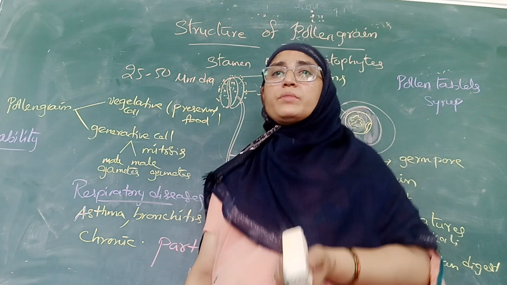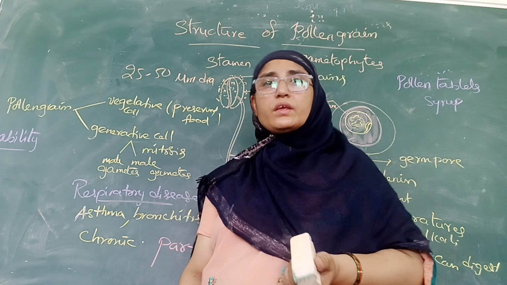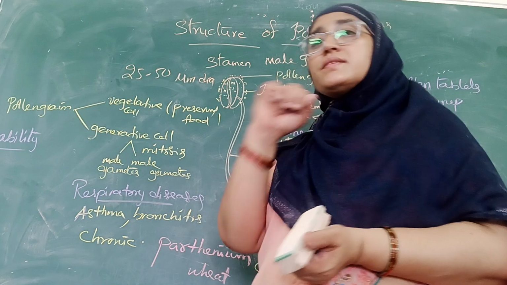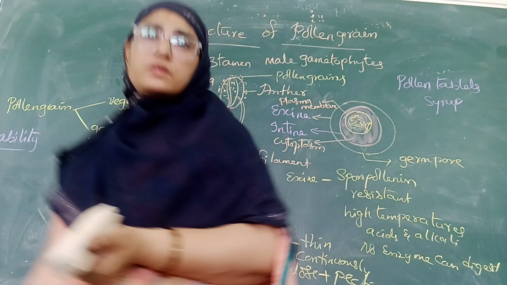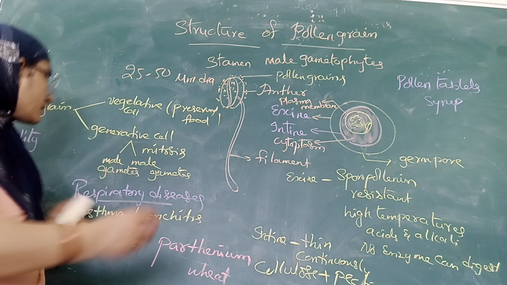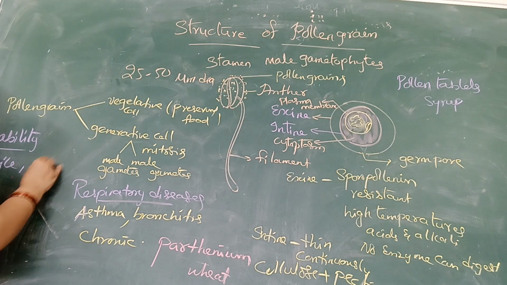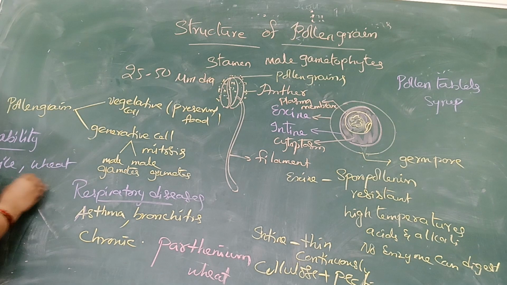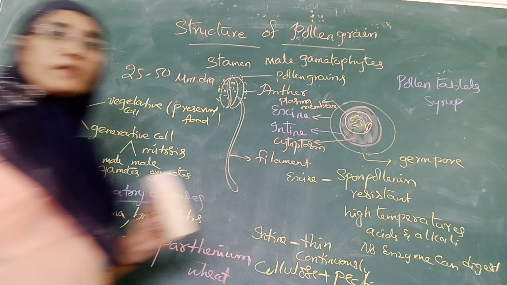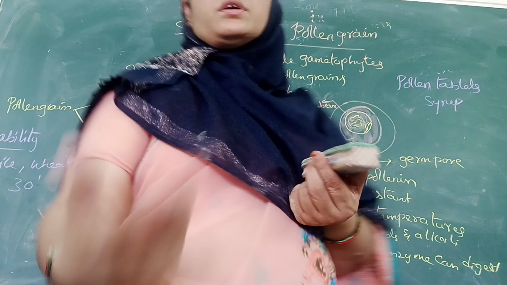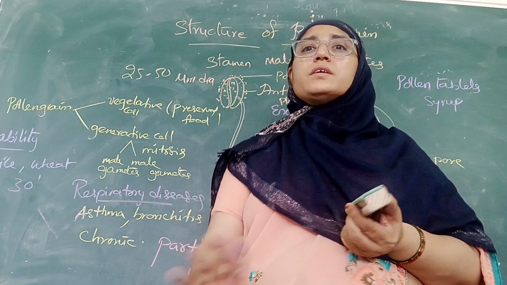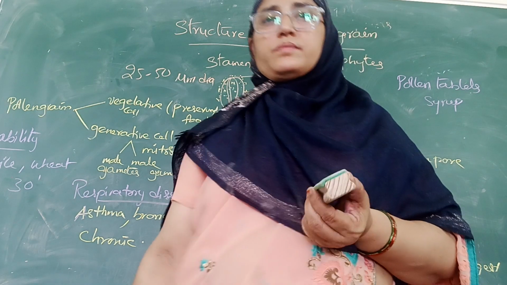In some species like cereals, like rice and wheat, the pollen are viable for 30 minutes. They have the potency to germinate till 30 minutes and later on they cannot.